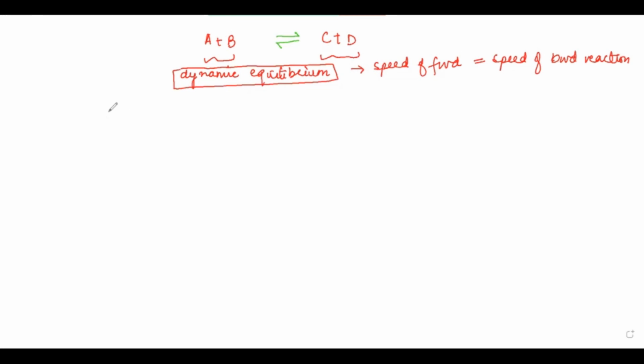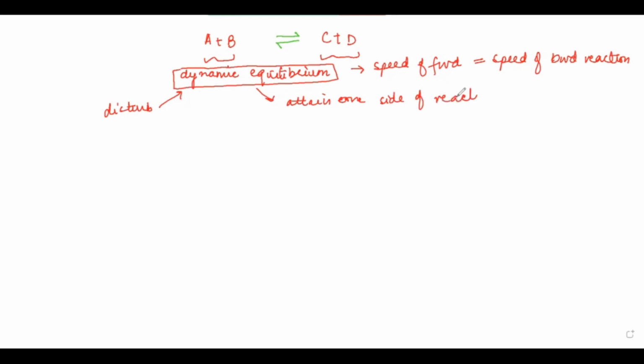So we need to disturb this state of dynamic equilibrium in order to get either more reactants or more product.